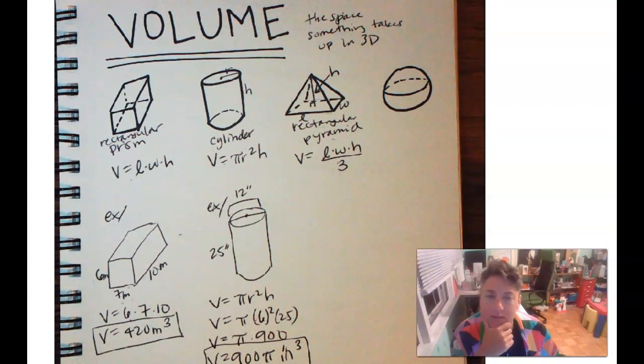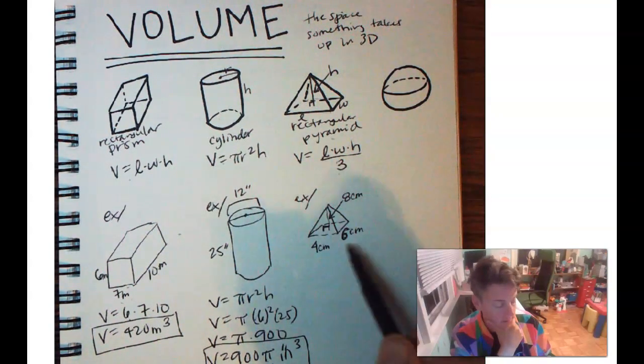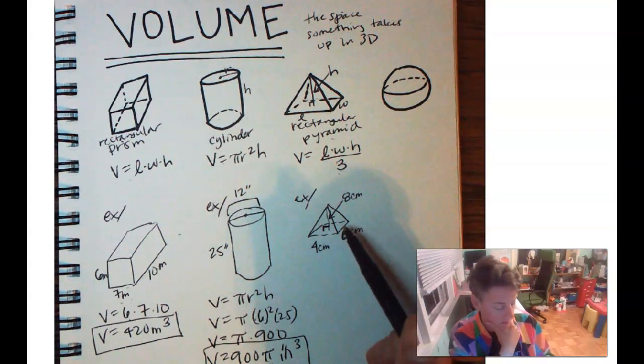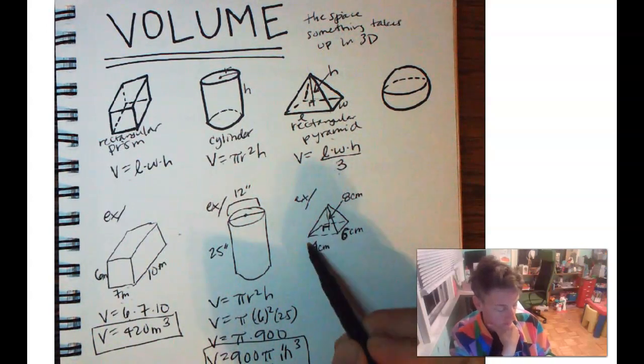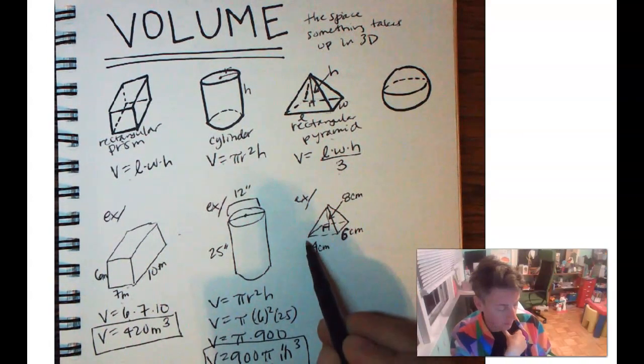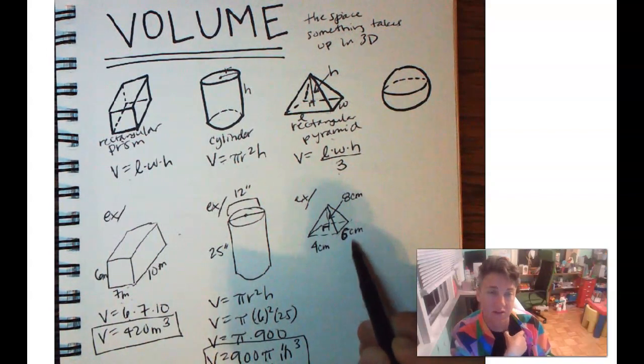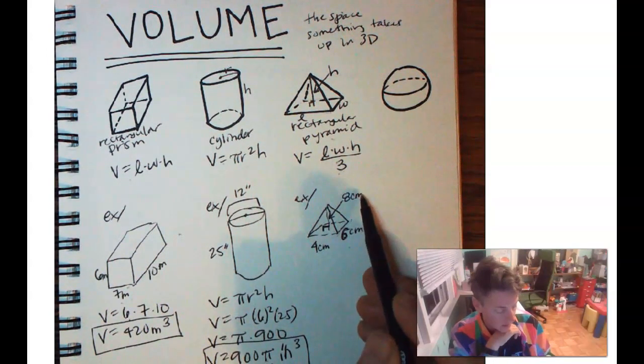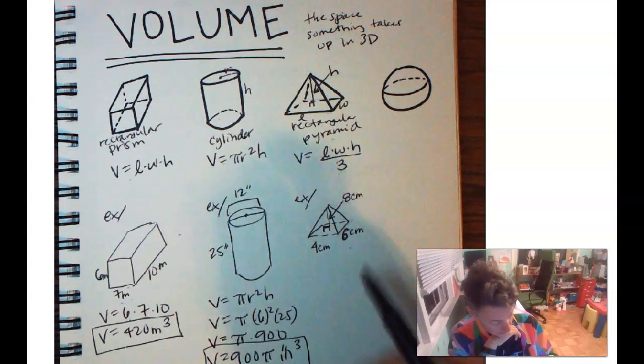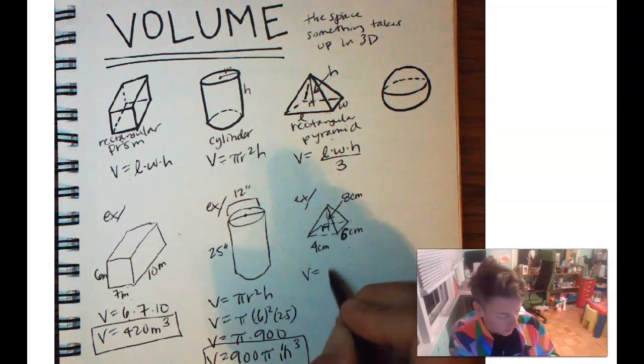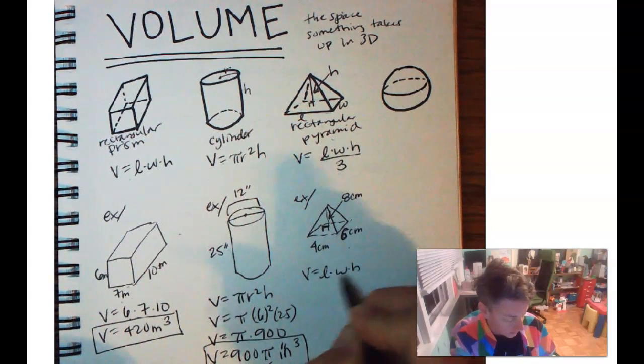Alright, sounds like it's time for an example. Here's our little tiny baby rectangular pyramid. It's got a base with measurements of 4 centimeters and 6 centimeters. It's got a height of 8 centimeters. So to find our volume, we want length times width times height divided by 3.